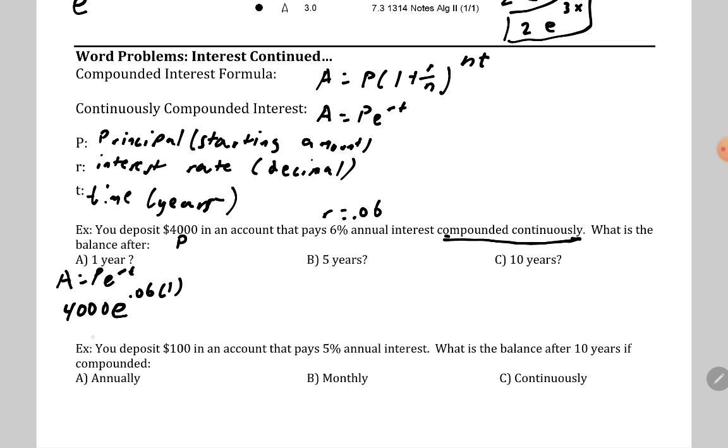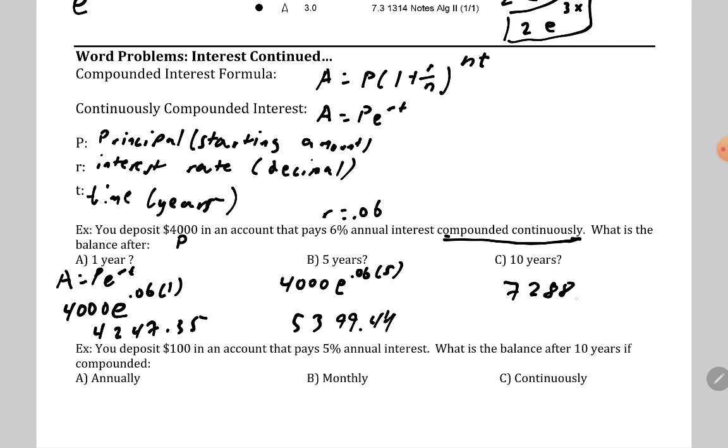Put that in your calculator and you'll get 4,247.35. Okay. Now we're going to put 5 years in, so nothing's going to change except t, which is now 5. That'll give you 5,399.44. And after 10 years, plug 10 into the formula, and you get 7,288.48.